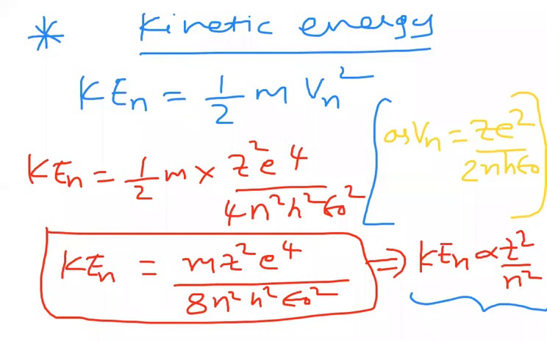Here kinetic energy is half m Vn square. The Vn value we derived just now, I substituted directly in the place of Vn, and I got this expression. This is the formula for kinetic energy of electron in nth orbit.